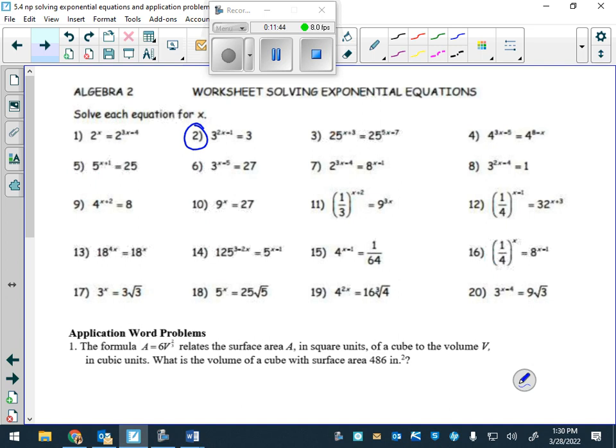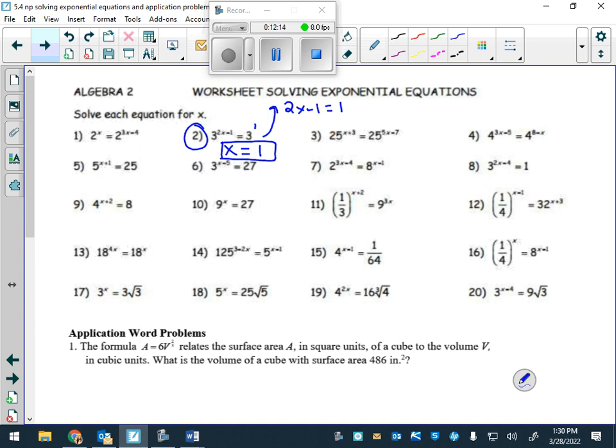So you have 2x minus 1 equals 1. What does x equal? Yeah, Addison. 1. Okay? Again, very straightforward.